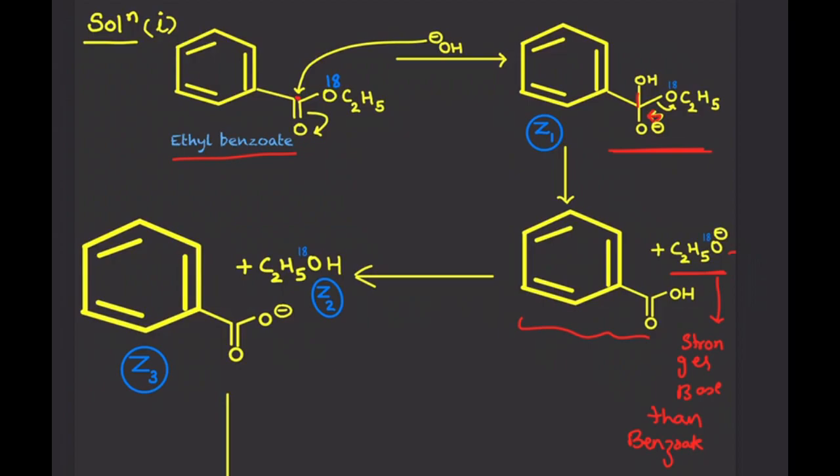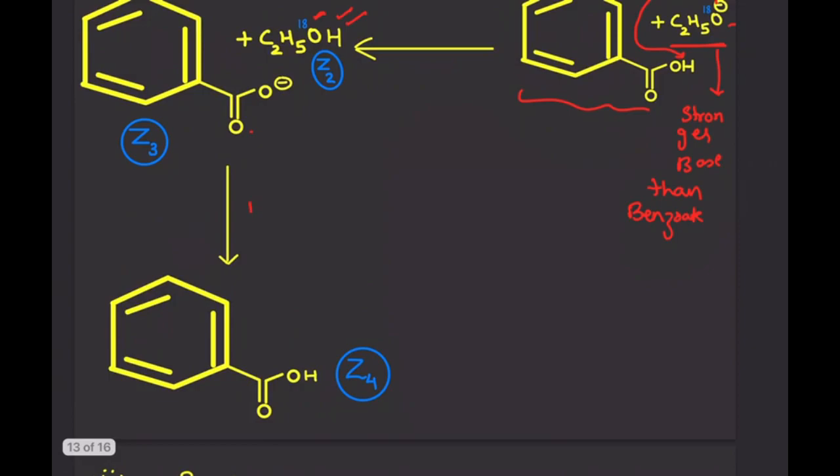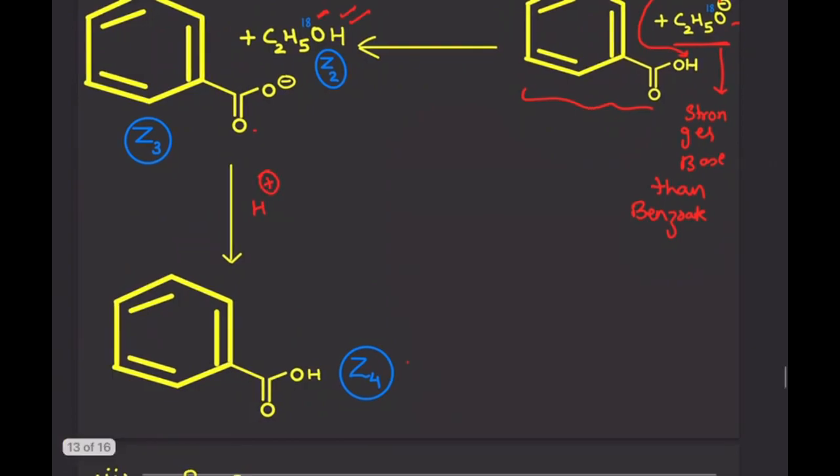So it abstracts the H plus and ultimately we have benzoate as an anion and ethanol as a neutral species. And as you can see, O18 is a part of the alcohol. So you can say that the bond which broke was acyl-oxygen. And then this accepted H plus, Z3 was mentioned to accept H plus, forming a neutral Z4.